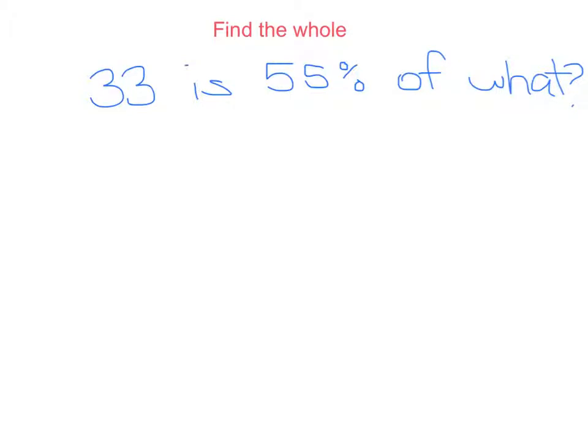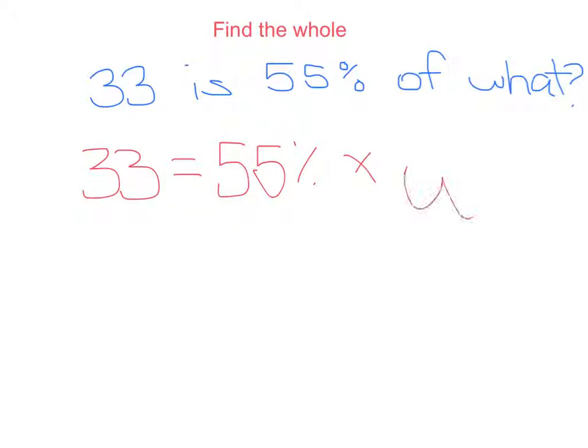The last part of this unit is finding the whole. So again, you want to translate what you have into equation form and solve. 33 is 55% of what number? And so to solve, you want to change the percent into a decimal.